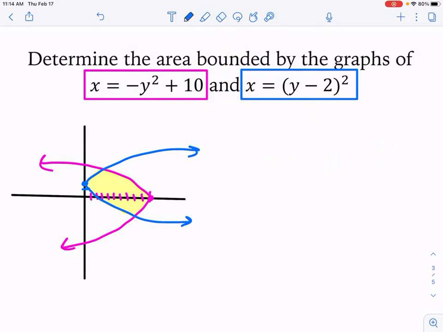Okay, now do you see how solving for x, or excuse me, solving for y is not going to be pretty, especially in this blue one right here.